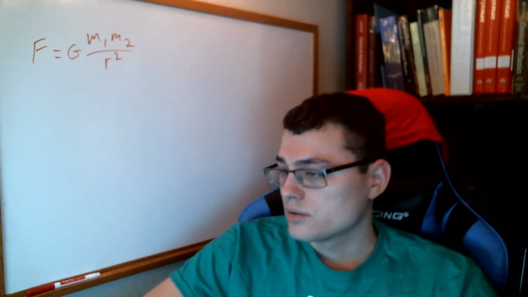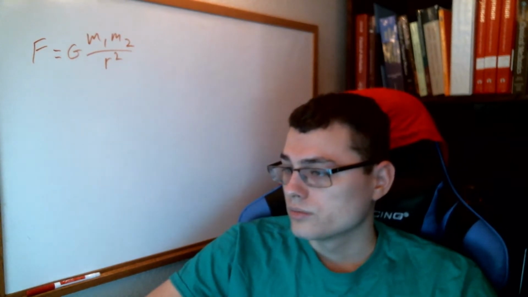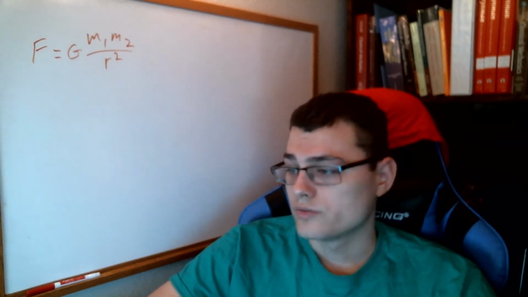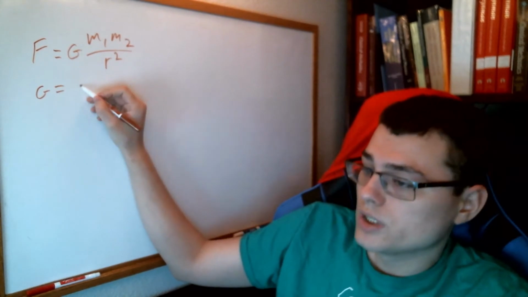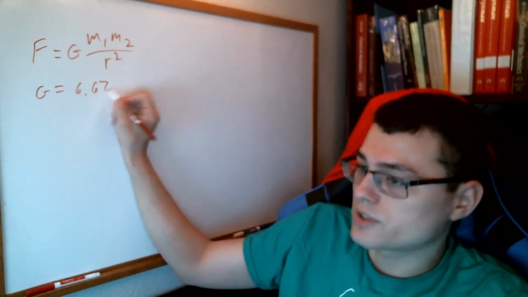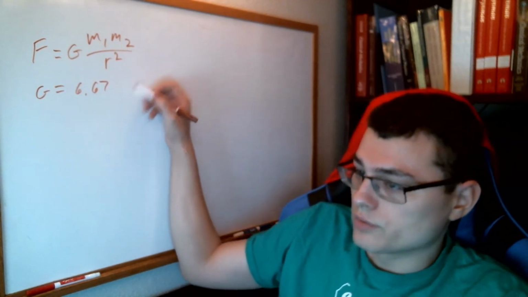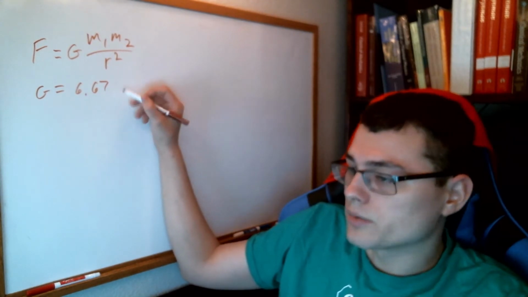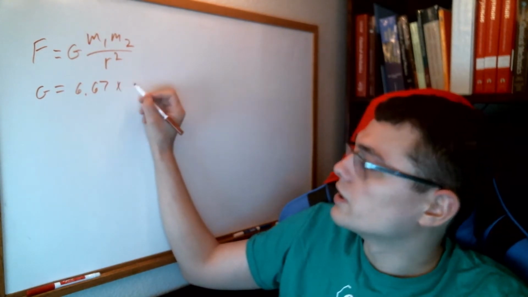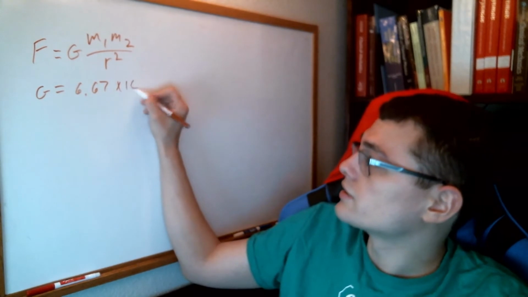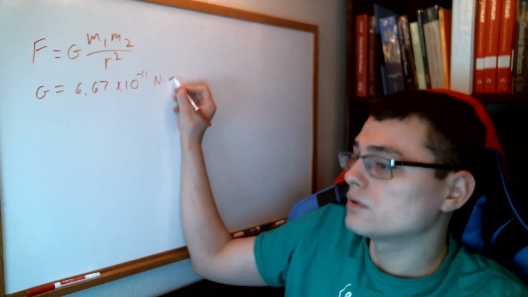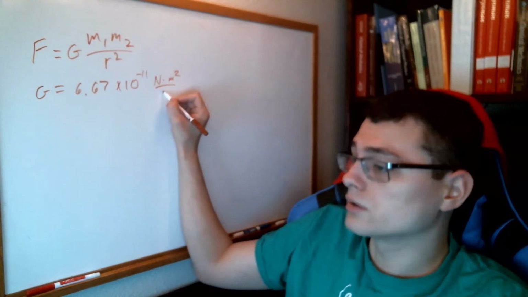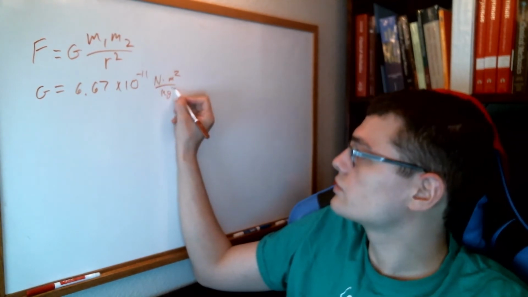So that's how we determine the value of G, and we have determined that G is equal to 6.67428. You can keep going, but usually you can cut it off here and say that this is times 10 to the negative 11th Newton meters squared over kilograms squared.